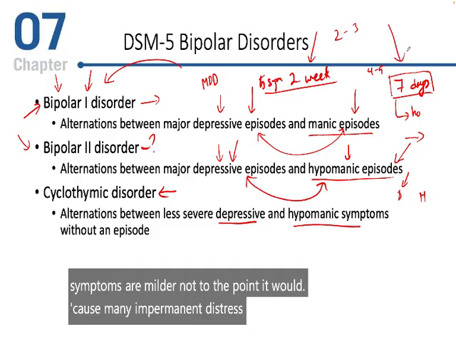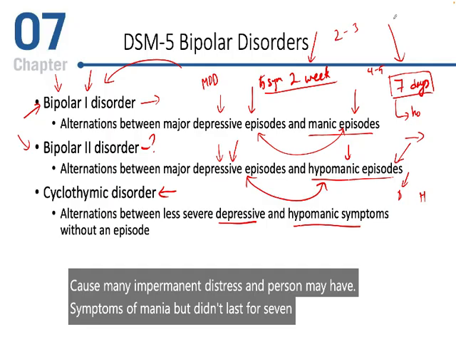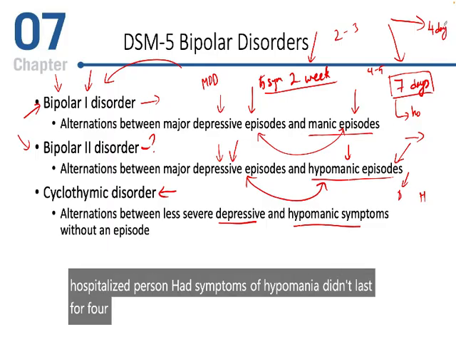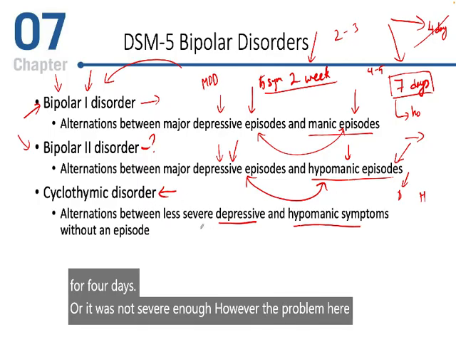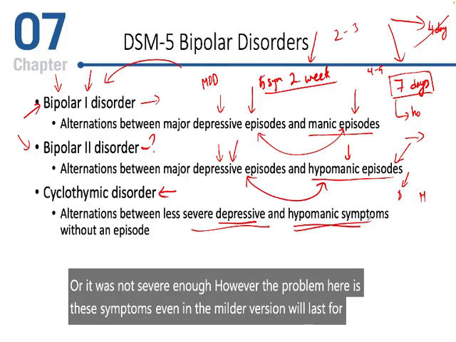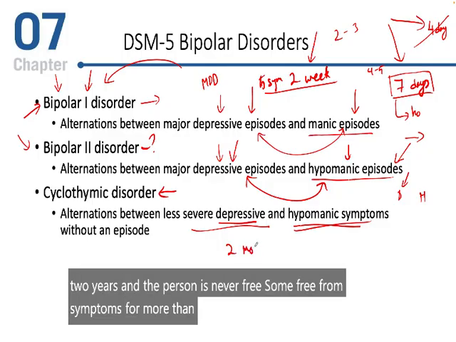The person may have symptoms of mania but they didn't last for 7 days nor was the person hospitalized. The person had symptoms of hypomania that didn't last for 4 days, or it was not severe enough. However, the problem here is these symptoms, even in the milder version, will last for about 2 years. And the person is never free from symptoms for more than 2 months.